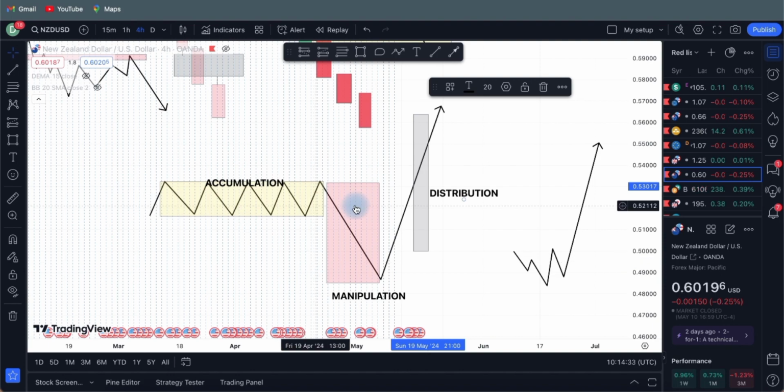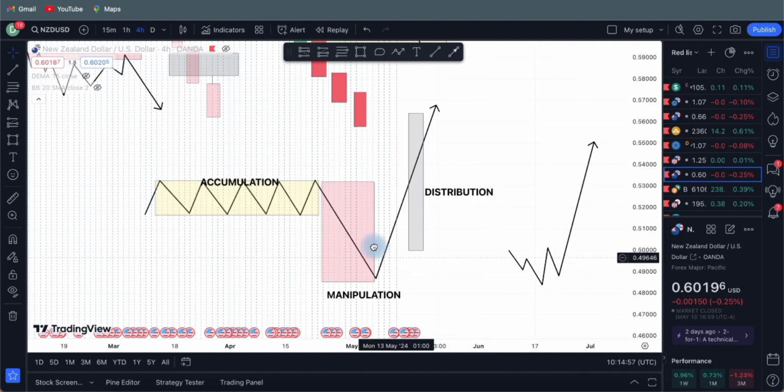It accumulates and breaks out of support and resistance. Price action traders will refer to it as a breakout or a fake out. After a fake breakout, there will be a retest and an impulsive move to the upside. So this is how it works.